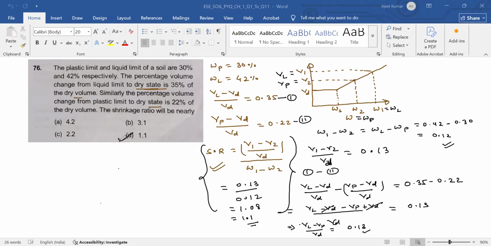So the answer will be 1.1, option D. This question was asked in Engineering Services Examination ESE 2019.